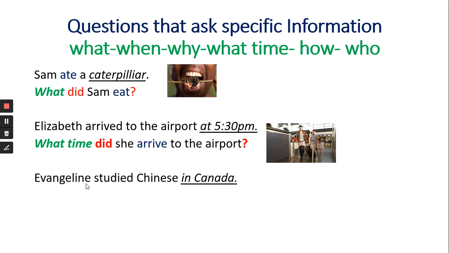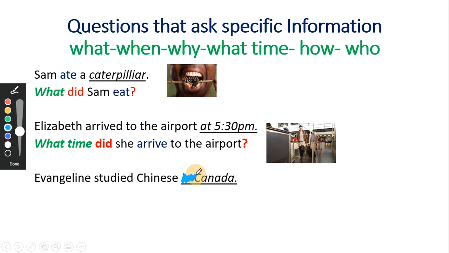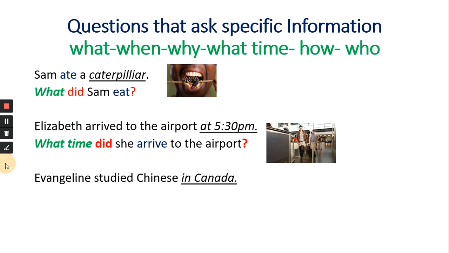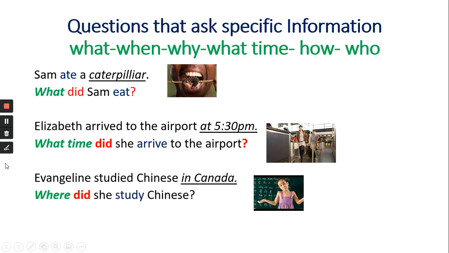Okay, another example. Evangeline studied Chinese in Canada. All right, again, imagine that we don't know this information. We don't know that she did this in Canada. But we know Evangeline studied. We know who, we know what she did, and we know what she studied, but we don't know where. So I would ask, where did she study Chinese?